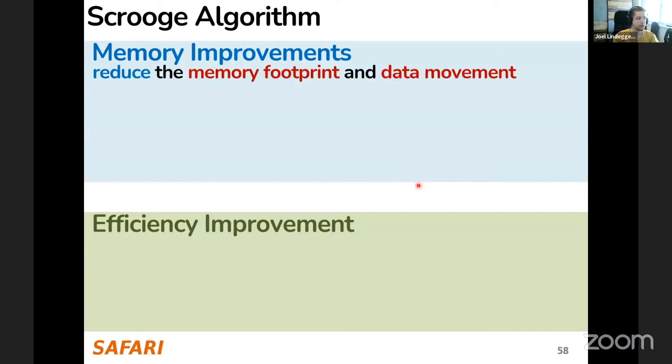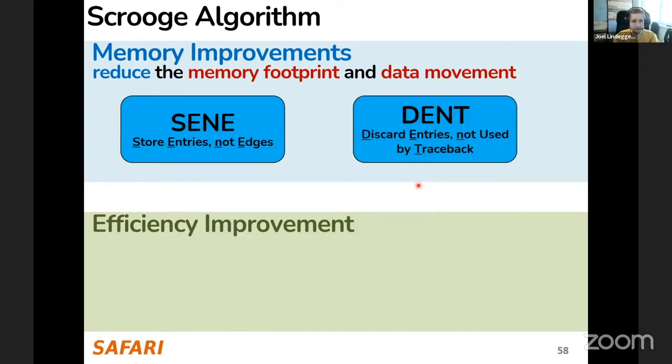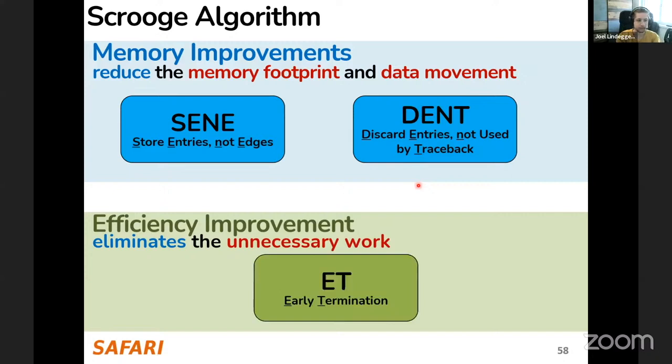The memory improvements reduce both the memory footprint and data movement of Scrooge. So we have SENE, store entries not edges, and DENT, discard entries not used by traceback. And then the efficiency improvement eliminates the unnecessary work that we had identified. We call this one early termination.